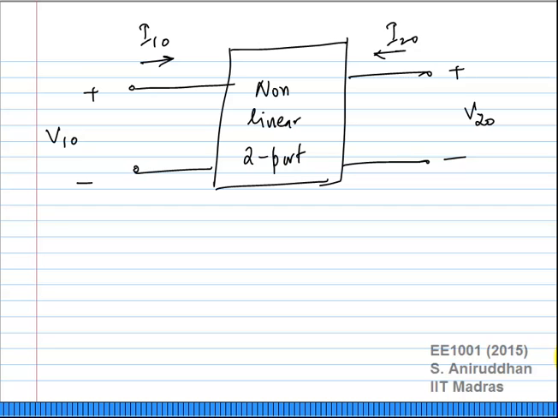Okay? Now I want to find out the relationship if I have incremental voltages and incremental currents. How do you do this?